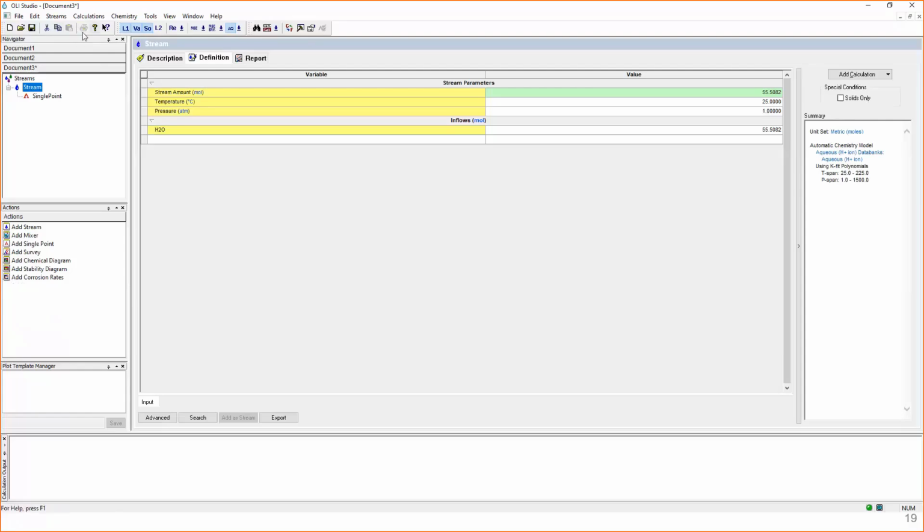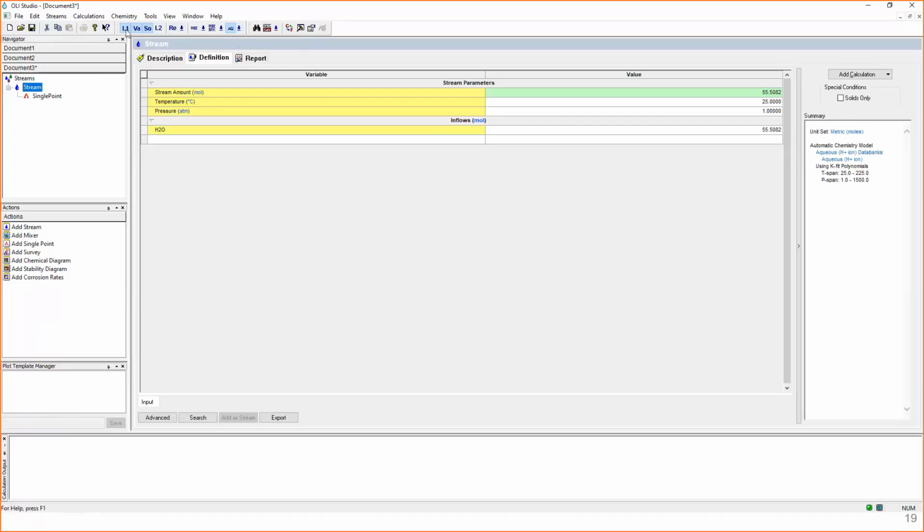I don't use them as much as the chemistry that you see here. This chemistry has different buttons, and these buttons represent different options for our calculations or for our simulations.